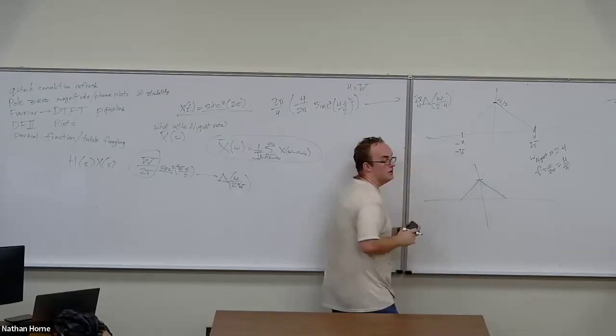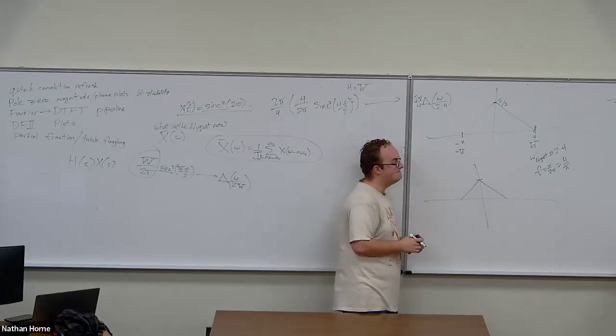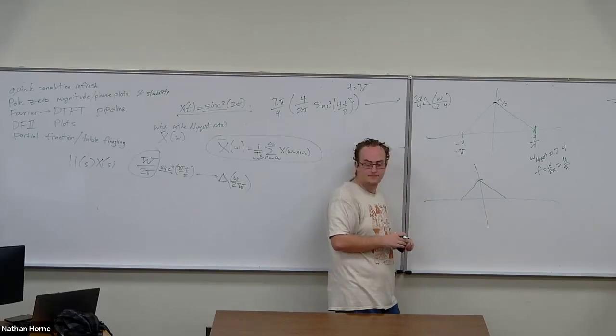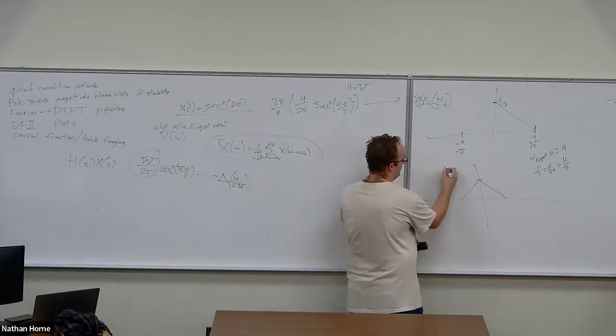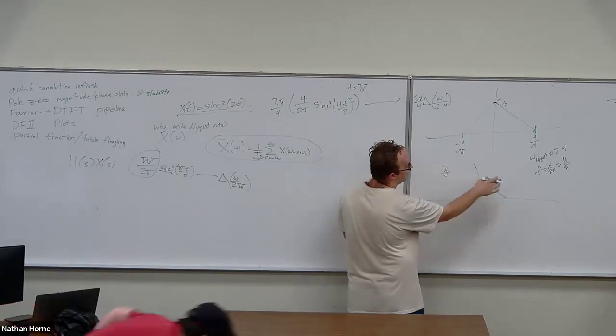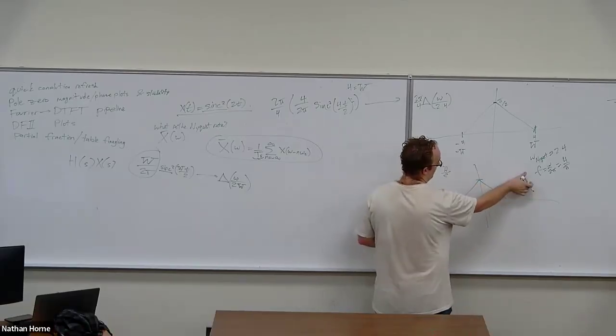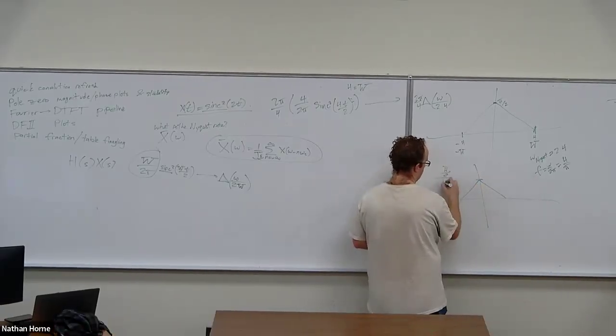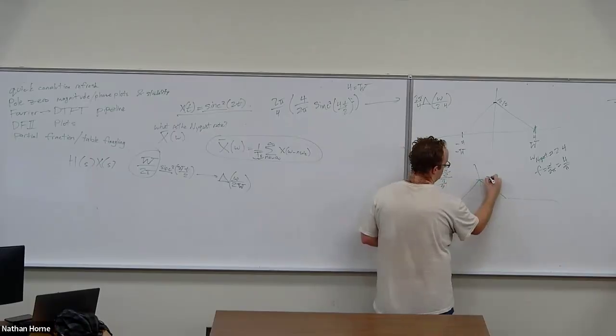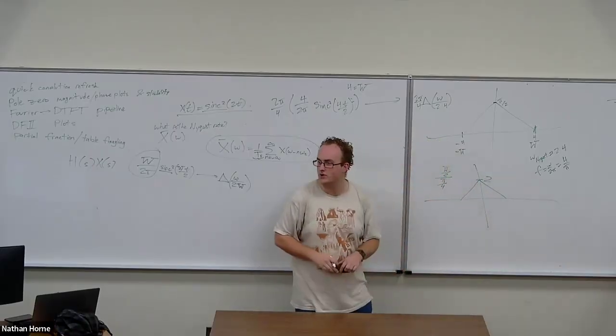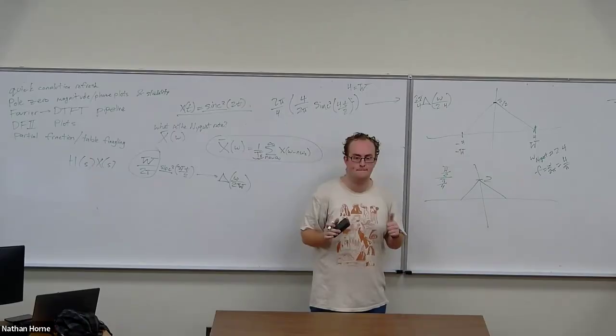What is this amplitude? It's 2. So we got pi halves divided by pi fourths, which is indeed 2. Great job. Feel good about that?